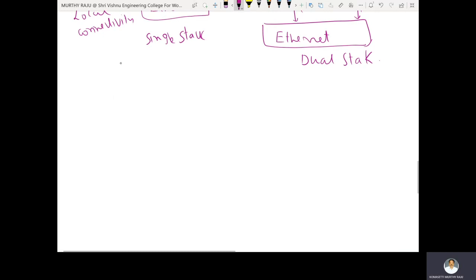Next one, sleep schedule. Suppose that a node or device involved in the communication loses some energy. That means the node lifetime gradually decreases.